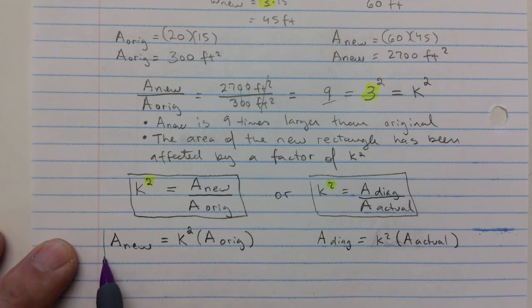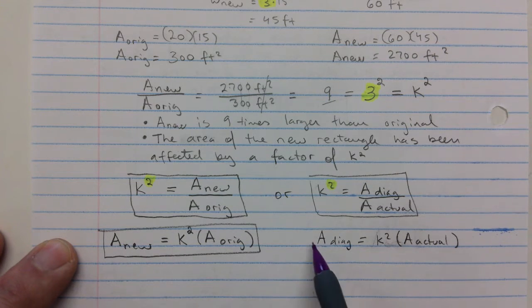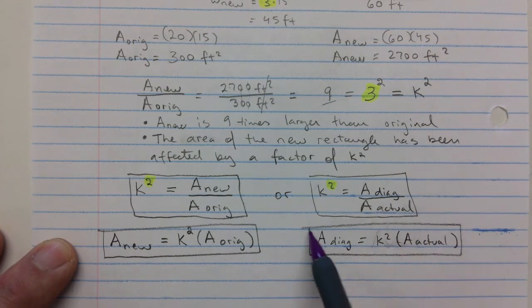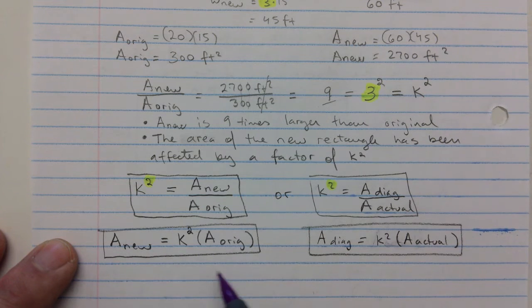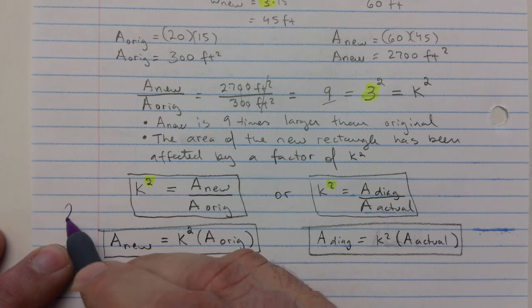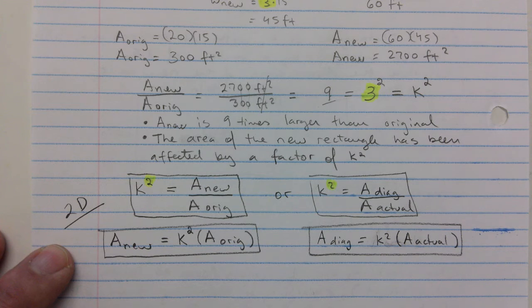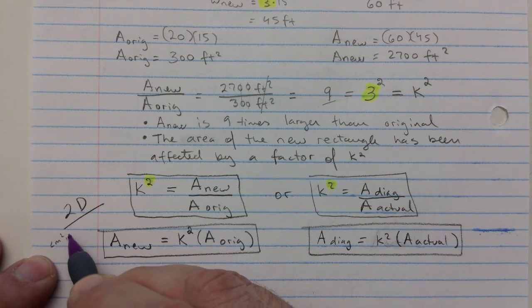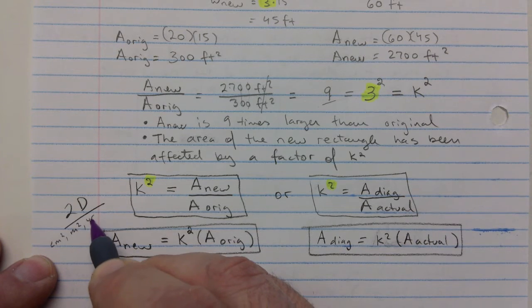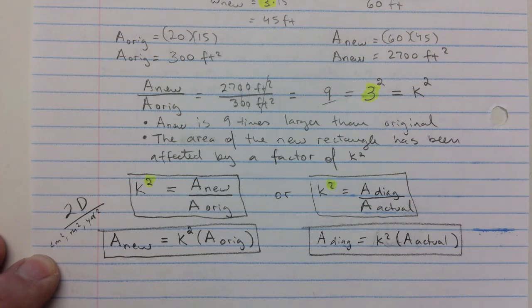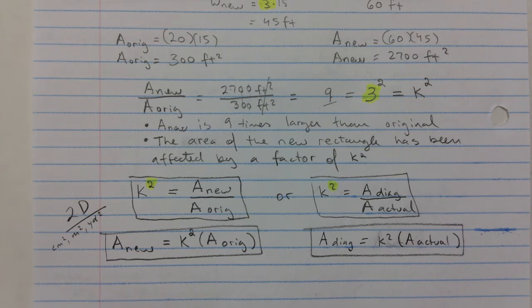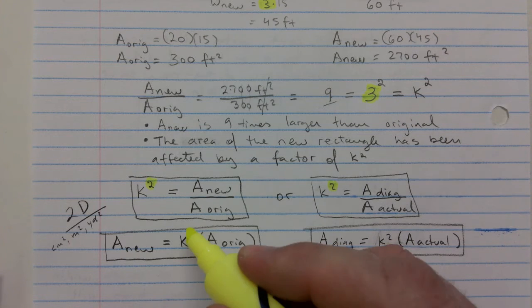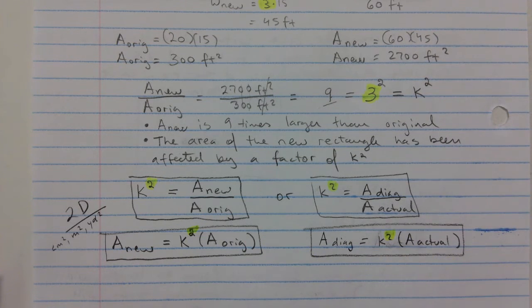I would put these formulas down all close together, and notice that this is with two-dimensional, right? We're talking areas, so centimeters squared, meters squared, square yards. Whenever you see a number associated with squared units, you're going to have to be very careful to include that square there. Okay.